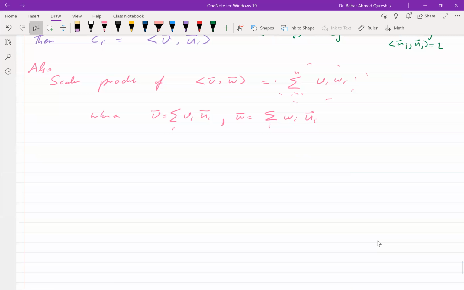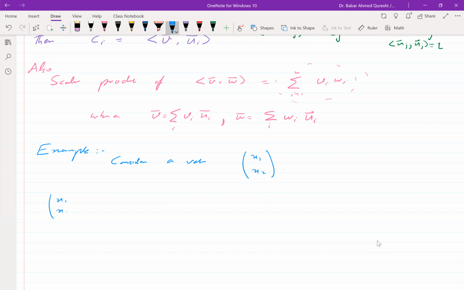Let's see an example of this. So consider the vector x1, x2 in R2. And I expand it in terms of that orthonormal basis, which I had just given as an example above.